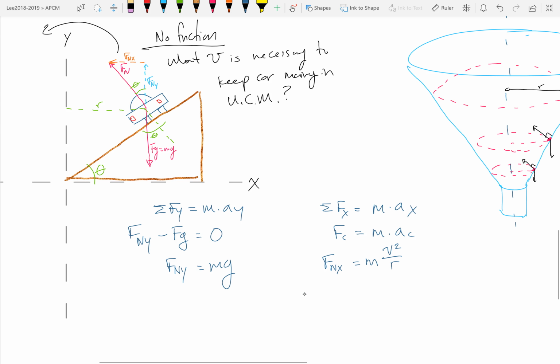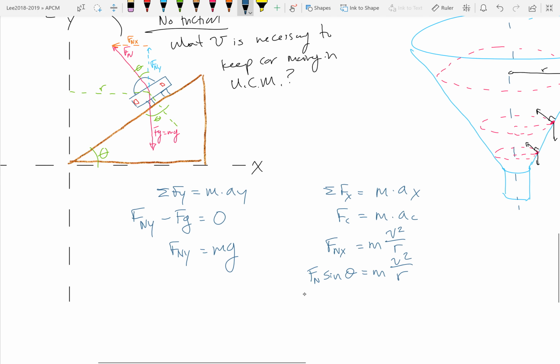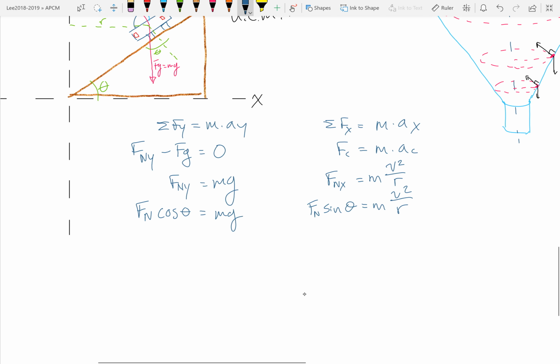So F normal sine theta equals m v squared over r. And then in the y direction I have F normal in the y direction is the normal force times the cosine of the angle, because it's adjacent. F normal cosine theta equals mg.